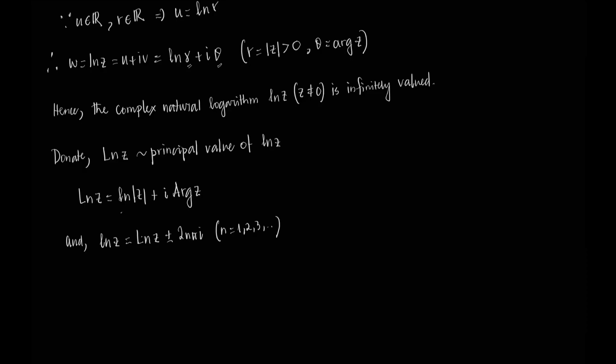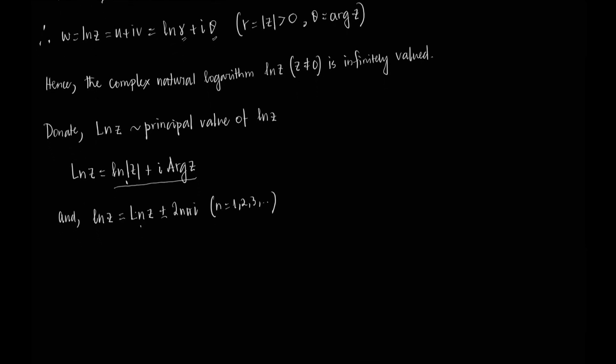These take care of the theta part, and then there is plus or minus 2n pi i. So essentially, any log is the capital Log plus or minus 2n pi i, an integer multiple. One thing to note is that they have the same real part, while the imaginary part differs by an integer multiple of 2 pi. That's what's happening.